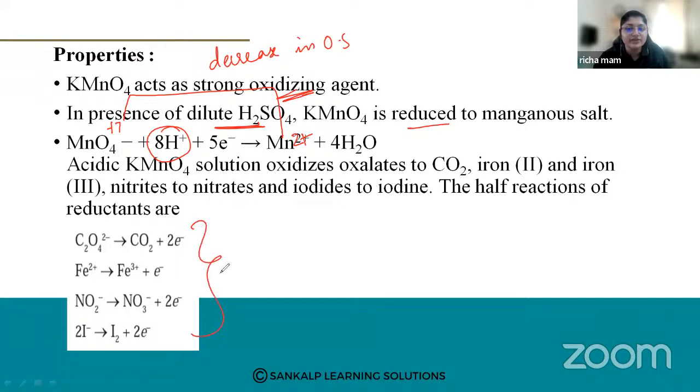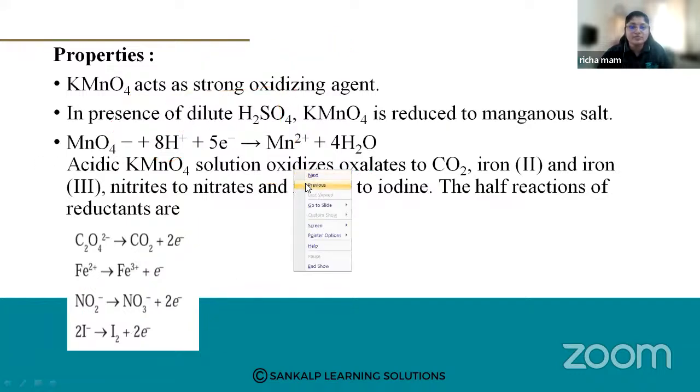Because of these different reactions, where you can see how things get oxidized: oxalate ion to carbon dioxide, Fe2+ to Fe3+, NO2 minus, that is nitrite, to nitrate ion, and iodide to iodine. So these are the different properties of your KMnO4. Is it clear up to here? Okay, is it clear?